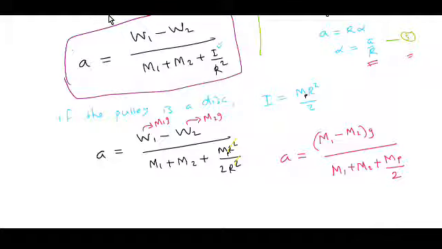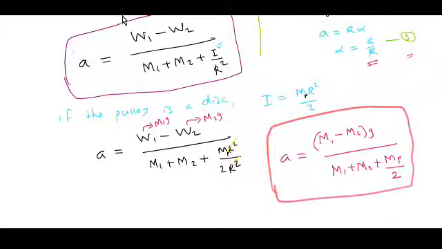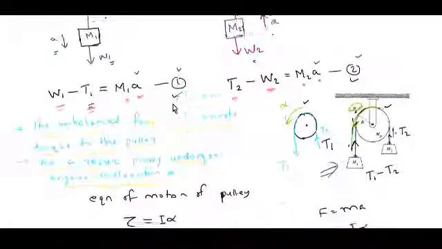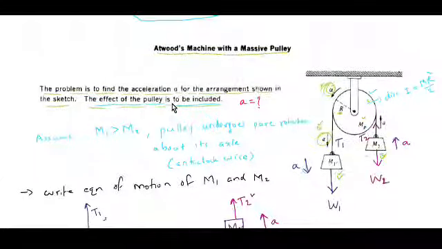This is the final expression for the acceleration of the masses m1 and m2. Thus, we solved this problem. We have calculated acceleration A. Okay, thank you very much.